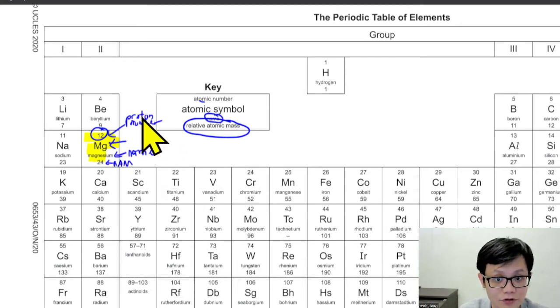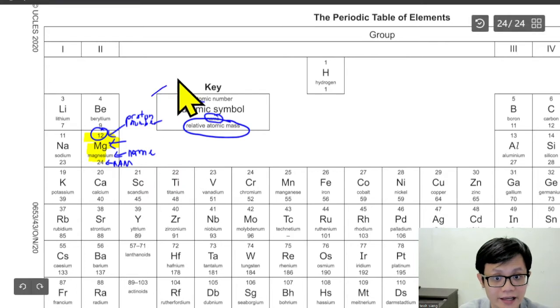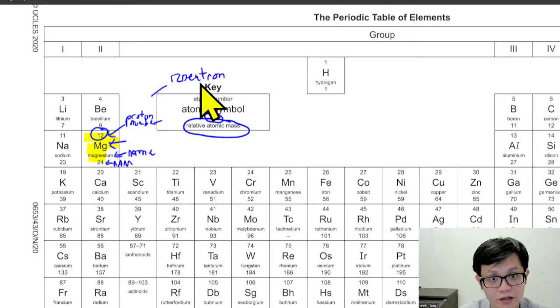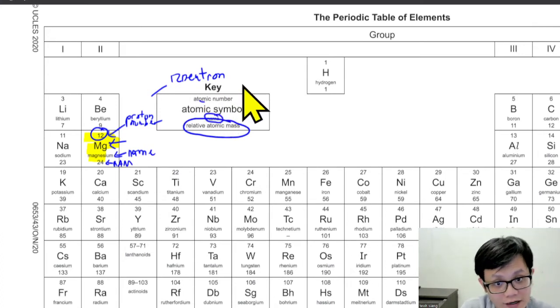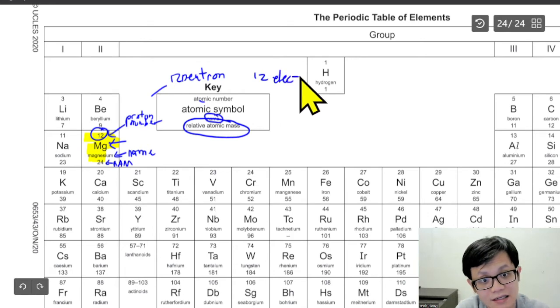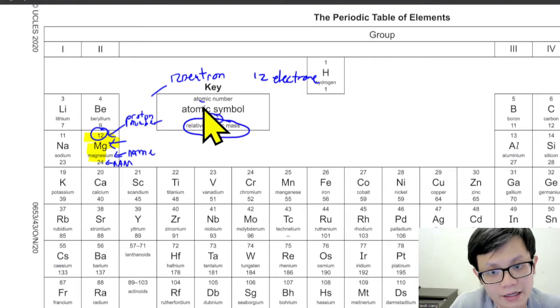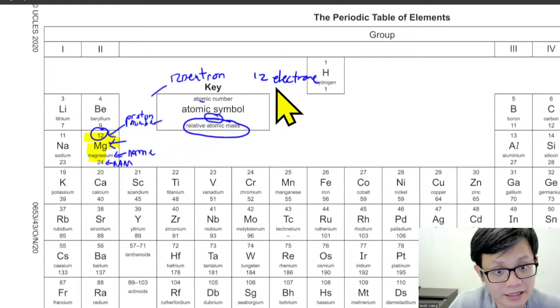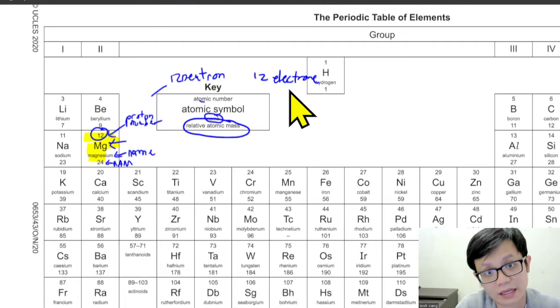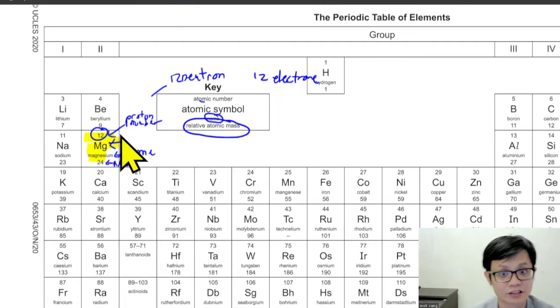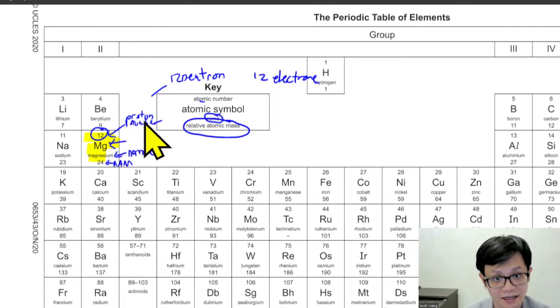Usually if it has 12 protons, it will also have 12 neutrons and 12 electrons. If it has more protons than electrons, it will be positive charge. If electrons are more than protons, it will be negative charge.